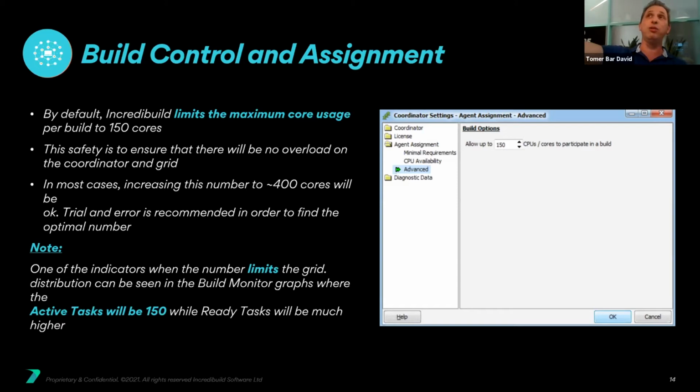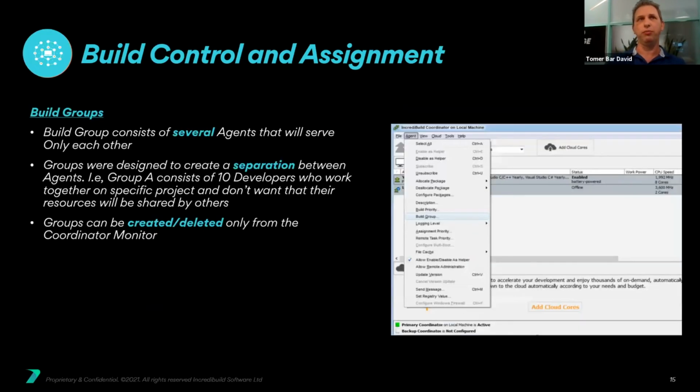And then suddenly you start to see that you can build more. So remember 150, you will see it in the system graph or in the build monitor, and you ask yourself why. This is the reason why. And this is trial and error, so you should test it carefully and see if it's working better for you.